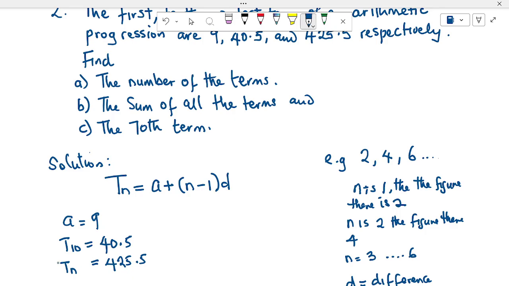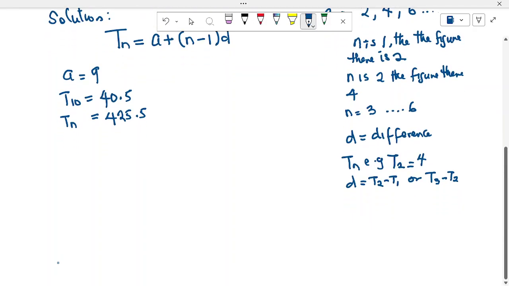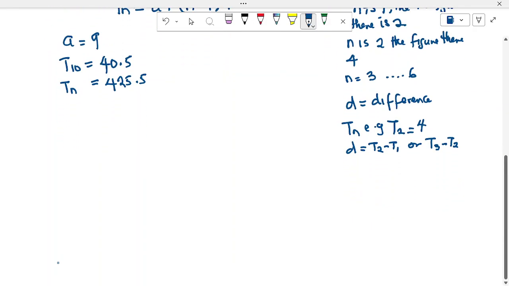So write it as Tn. We know what the last term is, but we don't know the position. We don't know whether the series is 10 in number or 20 in number. We'll find out later. So having written that, then you start to solve.